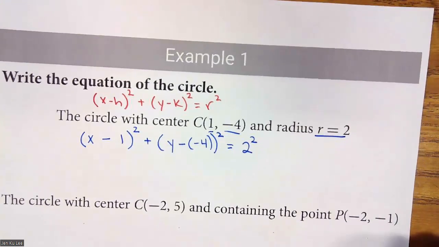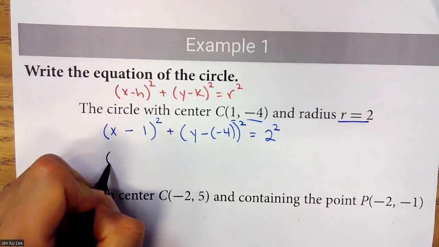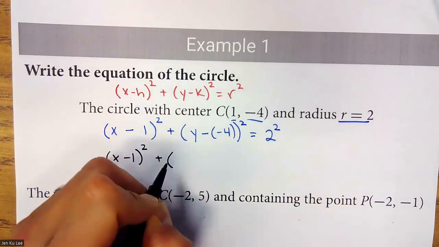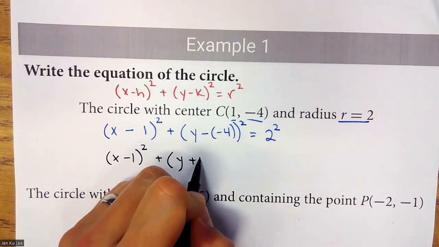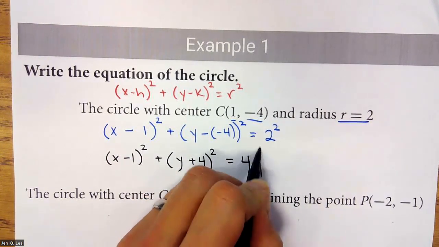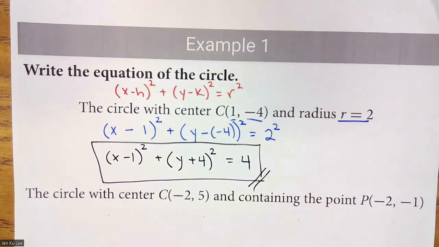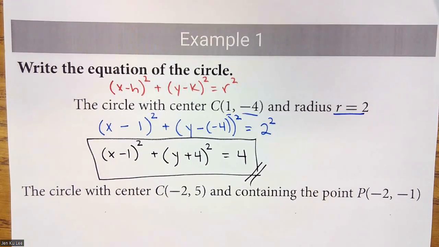So here, if I clean this up a little bit, I have x minus 1 quantity squared plus y, negative times a negative is a positive 4 quantity squared equals 4. That is the equation of a circle.